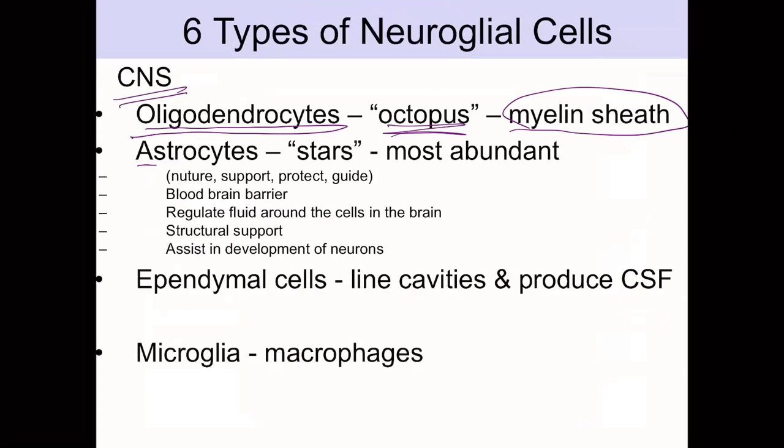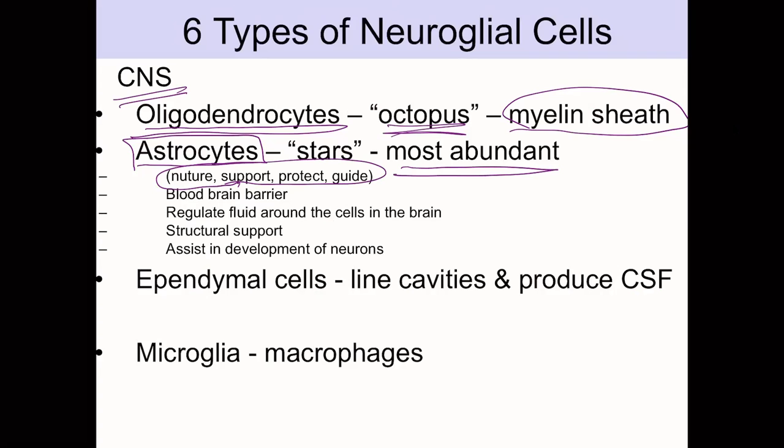Okay, now astrocytes are another type of cell. They're shaped like stars. They are the most abundant neuroglial cell. Okay, now what they do is they're gonna pretty much take care of the neurons. So they're gonna nurture, support, protect, and guide the neurons.